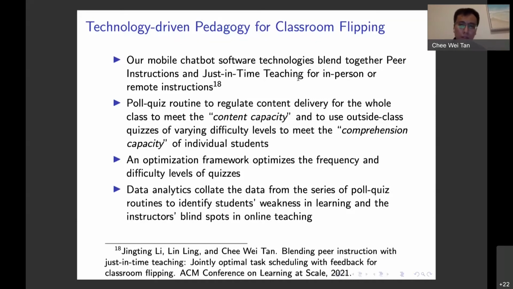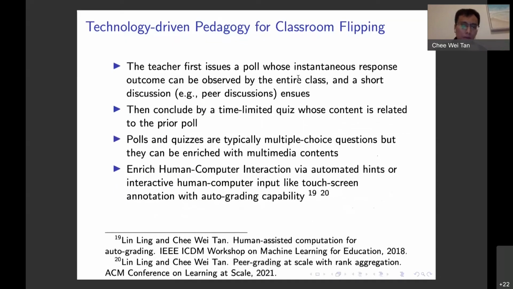The idea is that for flipped classroom teaching, we want to issue polls and quizzes, oftentimes multiple choice questions. For example, during one lecture, we would have this poll and quiz routine placed strategically at certain points in order to query the students to see if they are following along.